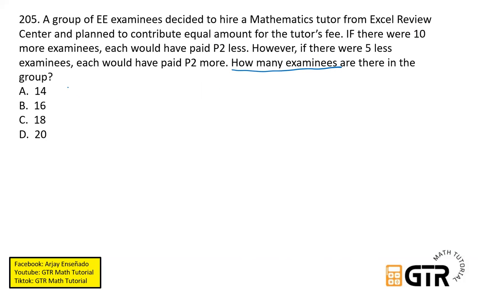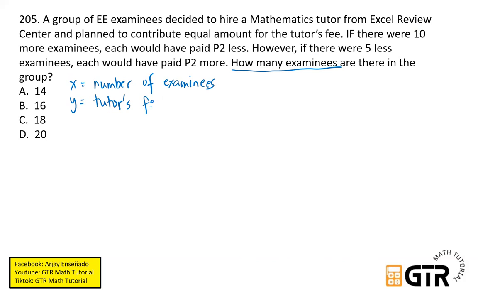So i-let natin yung hinahanap, let X be the number of examinees. Yan yung hinahanap natin. And then, ilet naman natin yung Y, yung tutor's fee. So, tutor's fee, hindi natin alam. Ang alam lang natin, mag-aambagan sila.